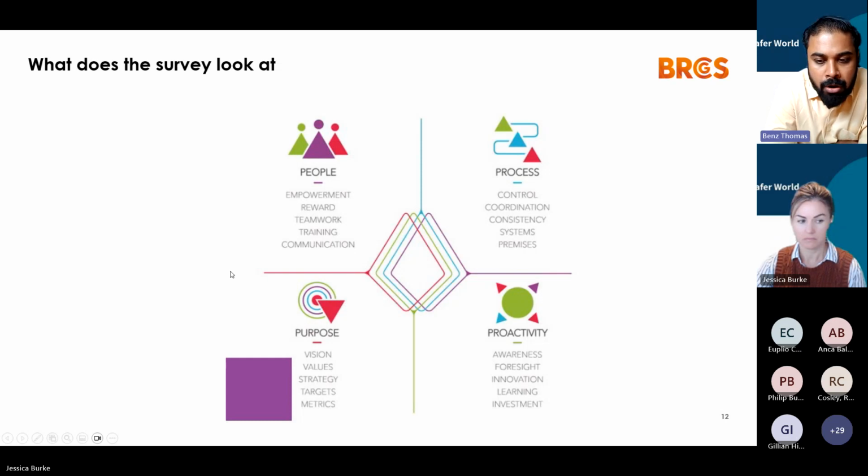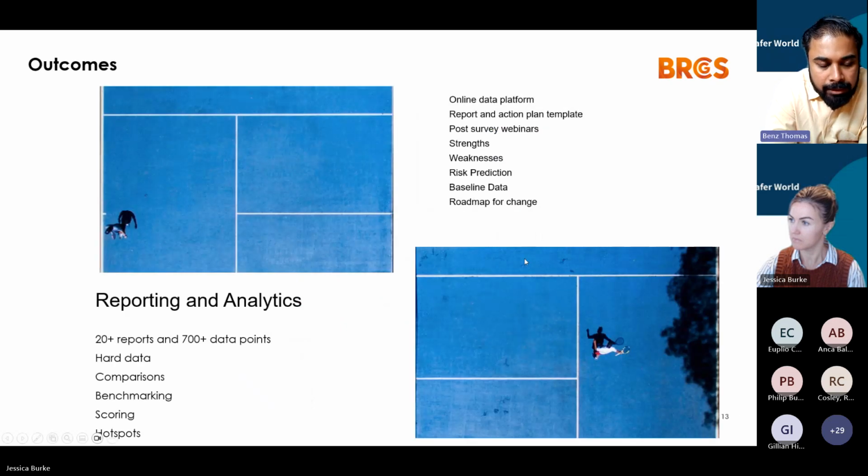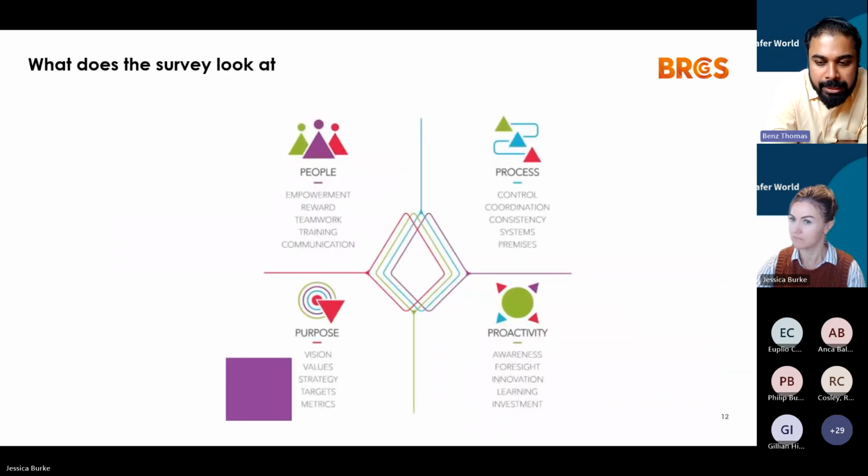Process focuses on internal mechanisms of the company and management control, use of systems, coordinating between departments and sites, consistency of standard, and suitability of the premises itself. Purpose is all about the vision, strategy, and values of the company, how employees buy into it, and how that translates into targets and measurements.